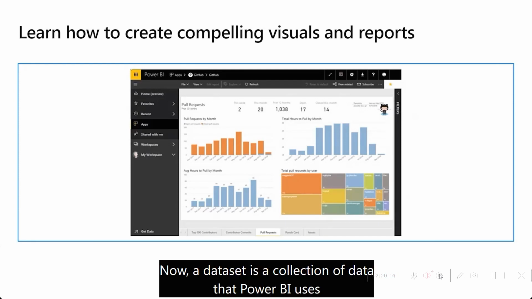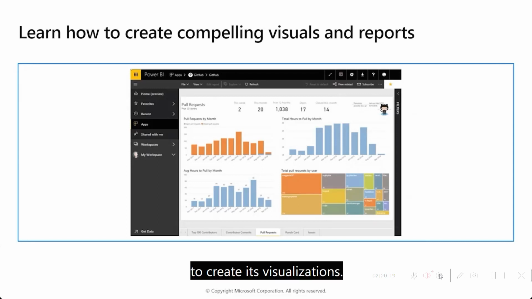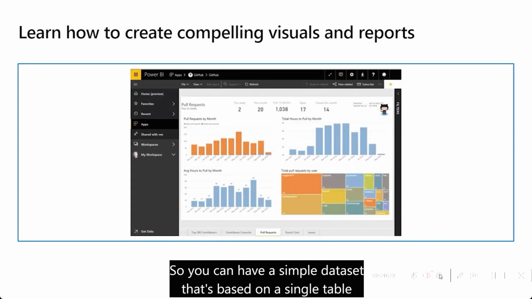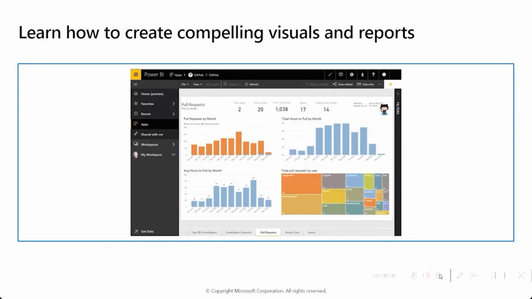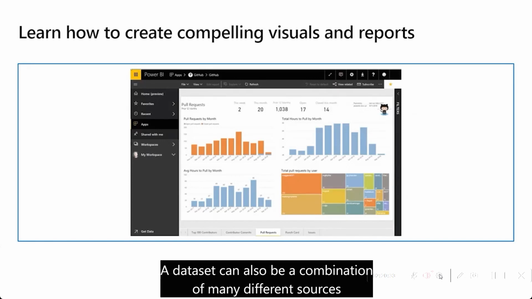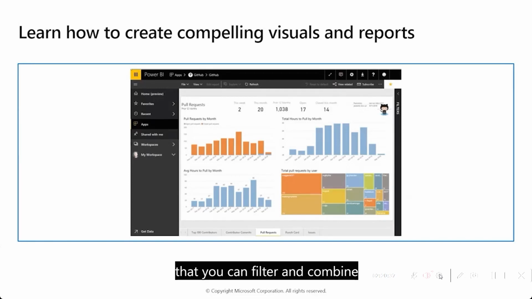Now, a data set is a collection of data that Power BI uses to create its visualizations. You can have a simple data set that's based on a single table from a Microsoft Excel spreadsheet. Data sets can also be a combination of many different sources, which you can filter and combine to provide a unique collection of data for use in Power BI.